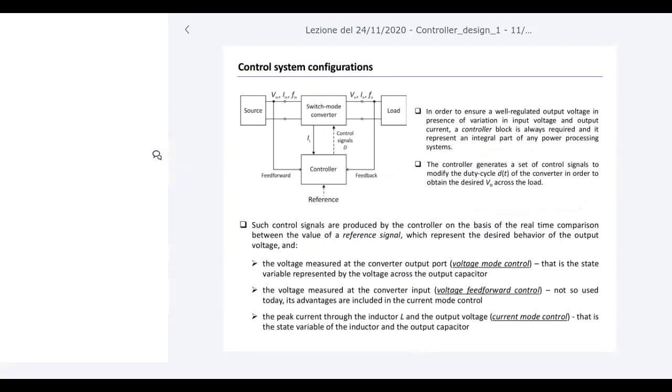The topic is to discuss what happens when you are no more in steady state. Steady state means that all the variables are stable. There are no transients at all. Voltages and currents are exactly what we designed, so we are in what is called the DC operating point. The target output voltage is constant and nothing changes cycle by cycle, so you have what is also called a cyclostationary condition.